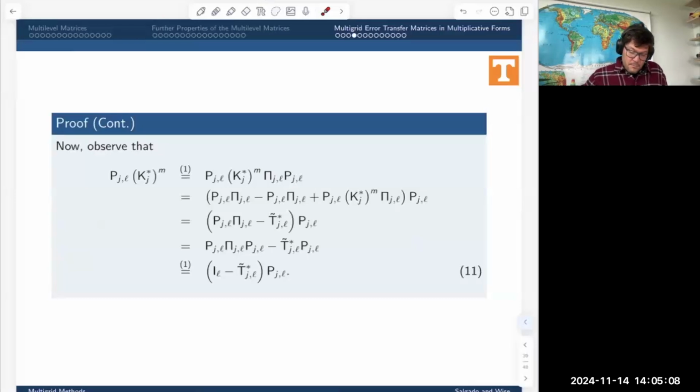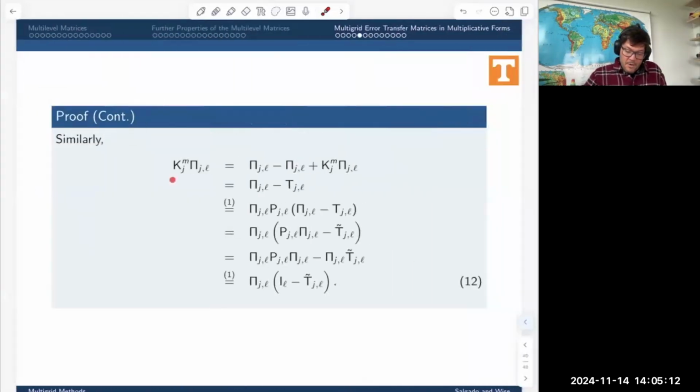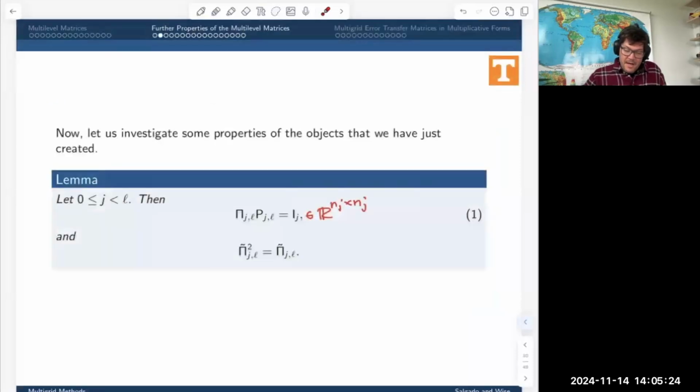Okay, so that's cool. And I'm also going to skip this one. And we're just going to assume that it's true. Basic manipulations. It just involves using that estimate 1 over and over again. Remember, estimate 1 said that if I had Pi_JL times P_JL, I just get the J order J identity.